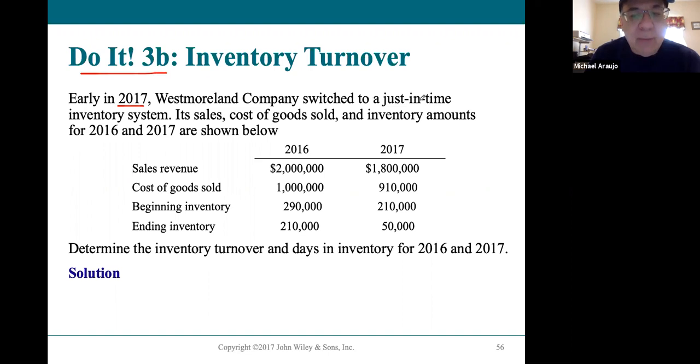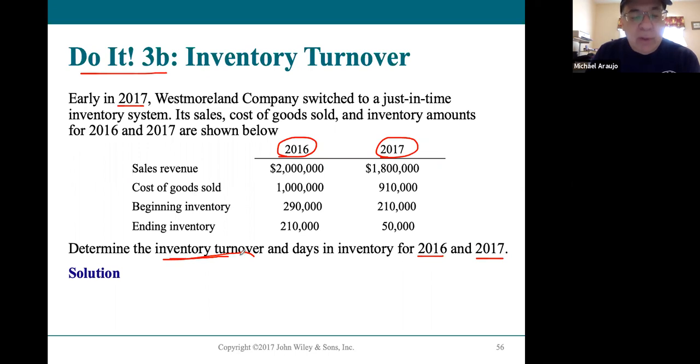You'll learn about that in more detail in managerial. It shows information from 2016 in the left column, 2017 in the right column, and it asks us to determine the inventory turnover for both years, 2016 and 2017.